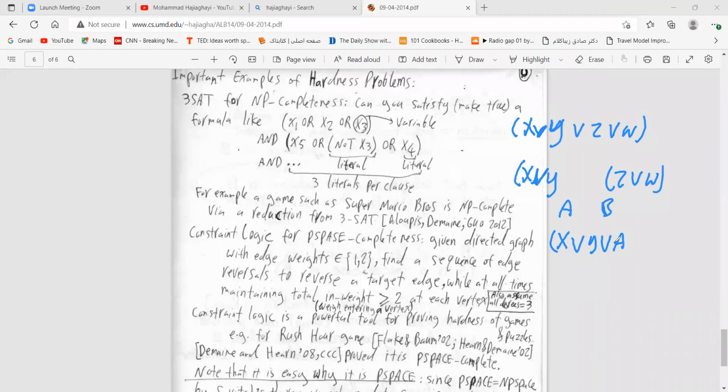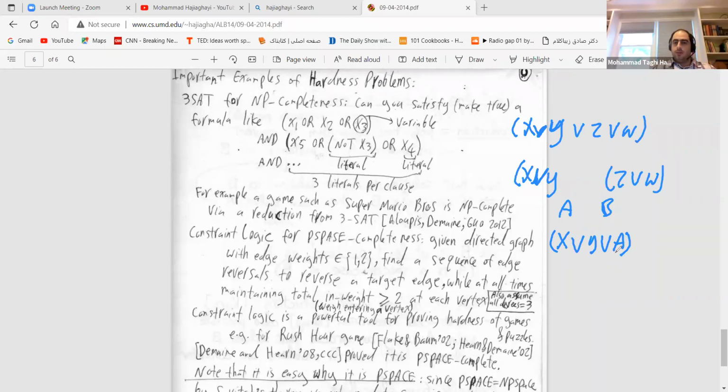I just realized that you need one more. Okay, I have to think about how to do that. We always have the ANDs of ORs. Yeah, go ahead. It seems like we can add C. The first clause seems good.